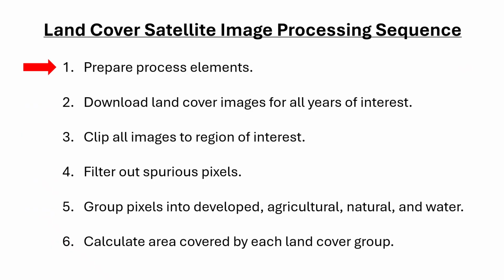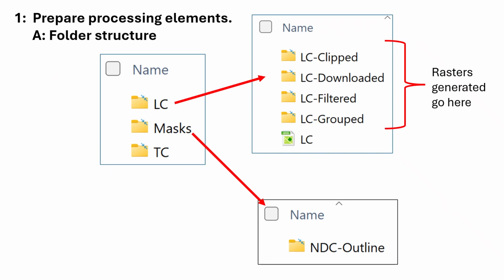We'll start with preparing the process elements you will be using as we go along. Here is a folder structure that you can use to help keep track of the elements that we will be creating and using here. The land cover folder will contain folders for the different types of image raster files used here.